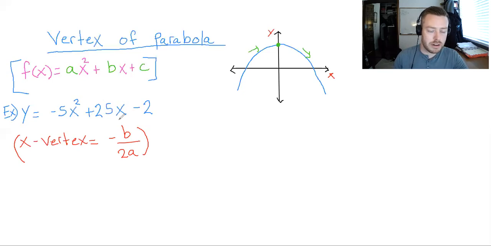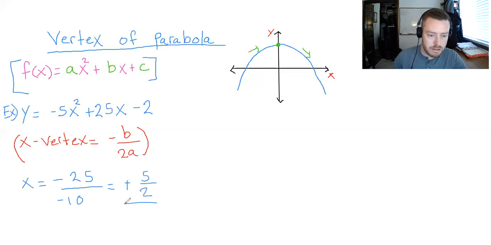In this case, the x vertex equals negative b, and b happens to be 25, over 2a. What's a in this case? It's negative 5. So 2a is minus 10, and you can reduce that a little bit. It's going to give you positive 5 halves.